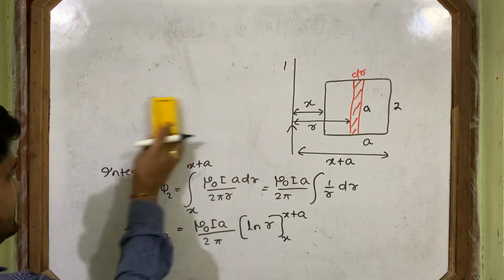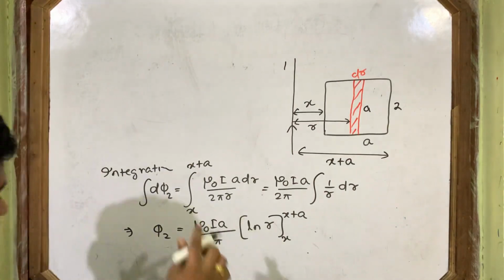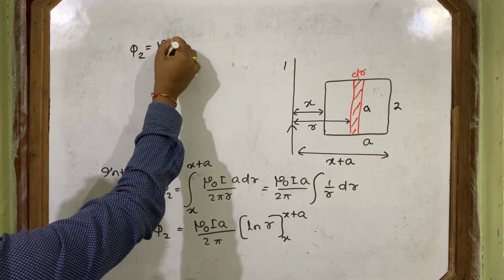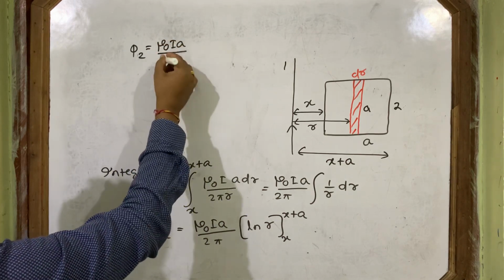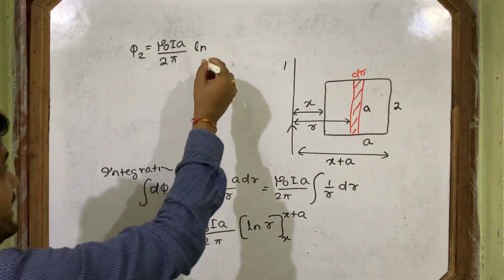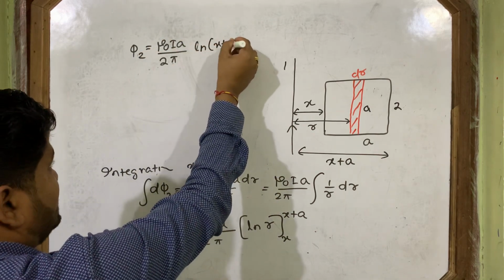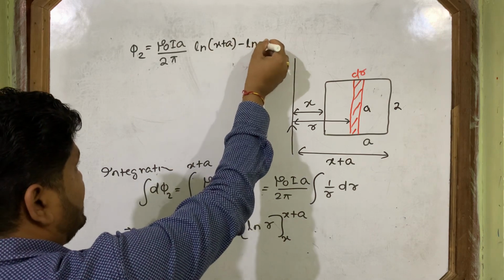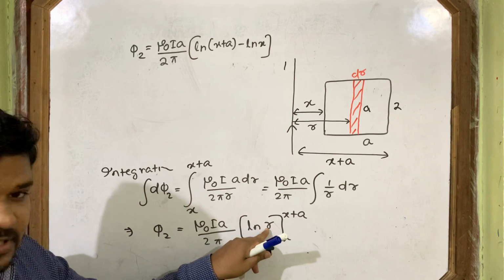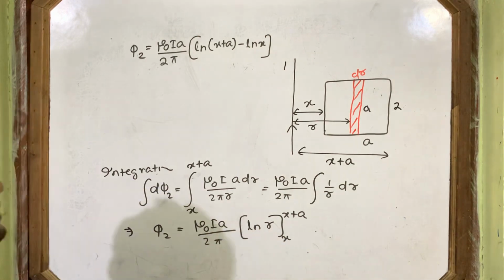Now put in the limits. We get mu naught I A by 2 pi times ln of x plus a minus ln x. First we put the upper limit, then minus the lower limit.